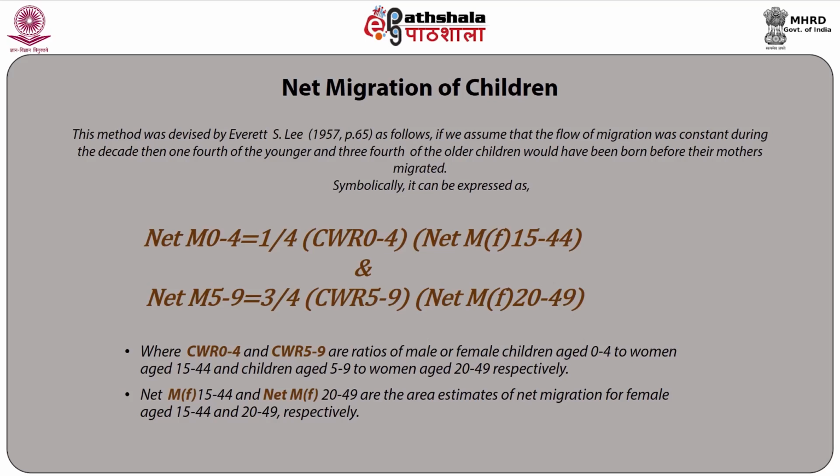If we assume that the flow of migration was constant during the decade, then 1/4 of the younger and 3/4 of the older children would have been born before their mothers migrated.